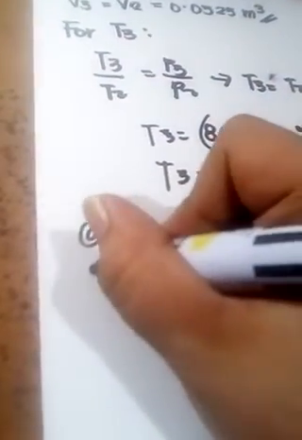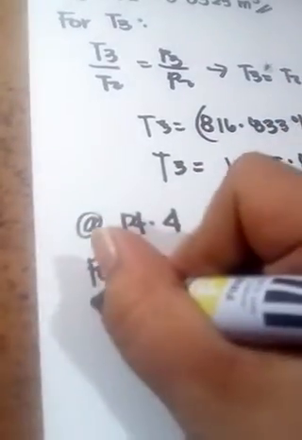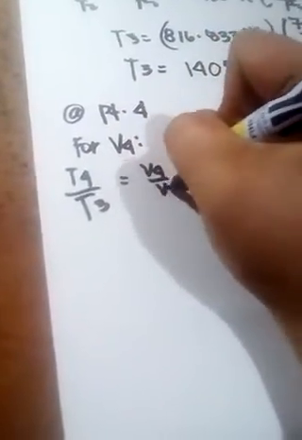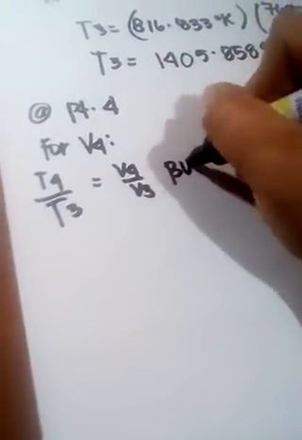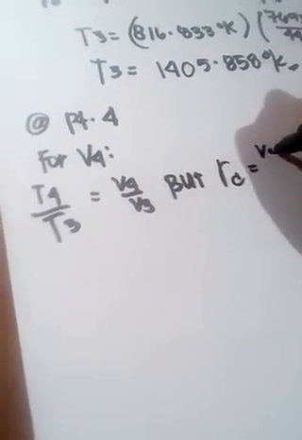So at point 4, we are going to find the value of V4. We're going to use T4 over T3 equals V4 over V3, but RC is equal to V4 over V3.